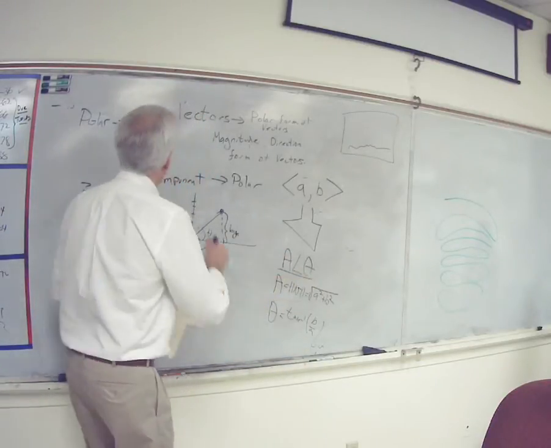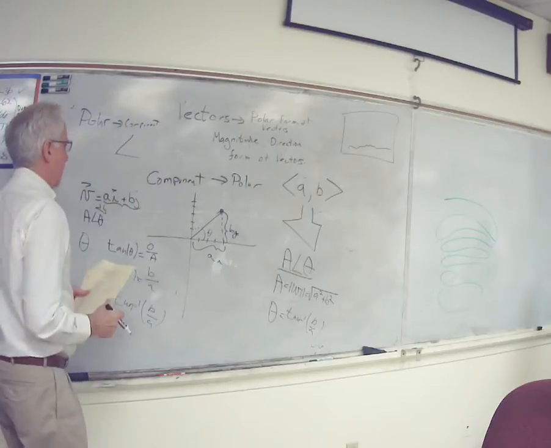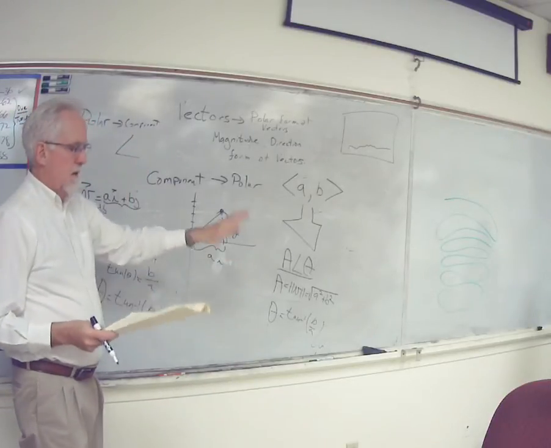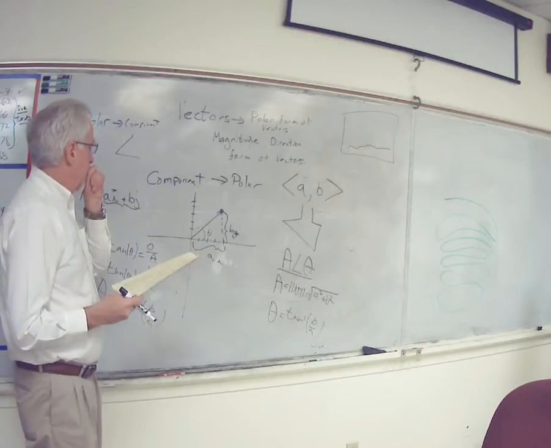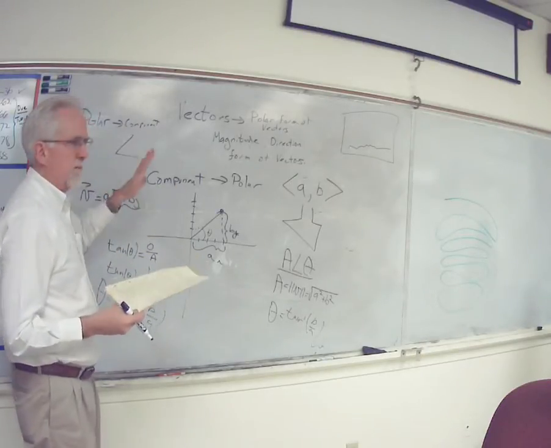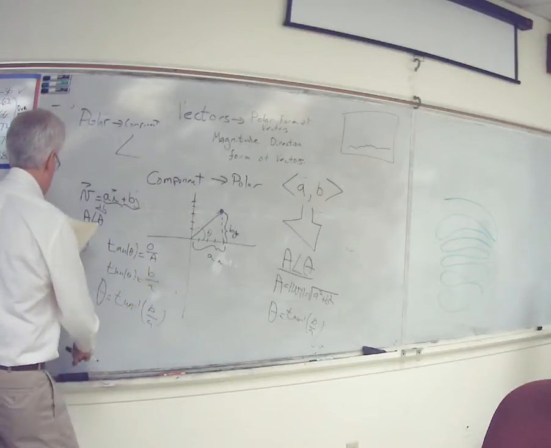Yes, it's A at an angle of theta. So it's this long in this direction. So you can go component to polar, polar to component, and really it's just SOHCAHTOA, that's all it is.